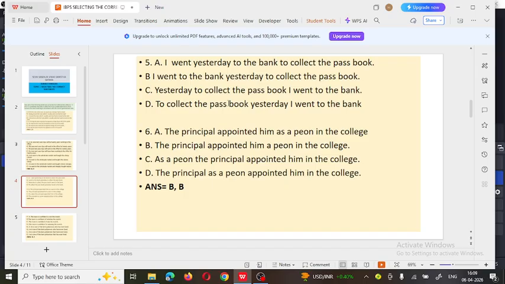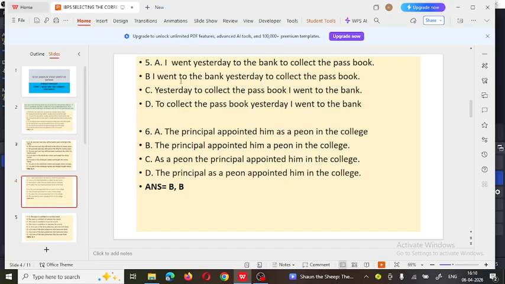We can use such kind of order only while bringing rhythm or rhyme scheme in a poem, or sometimes to make a sentence more impactful. But usually when we deliver this sentence as a declarative sentence, this order is correct.